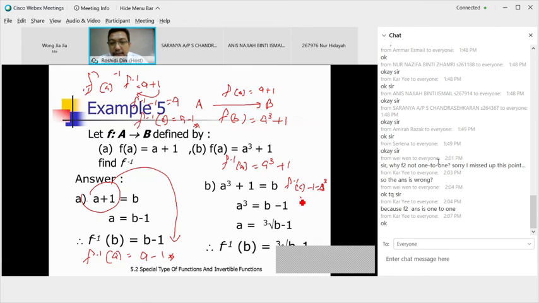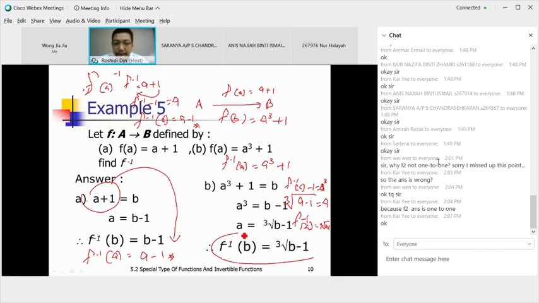So we focus on this one: the cube root of A minus 1 will be A. So that's why it will be like this.